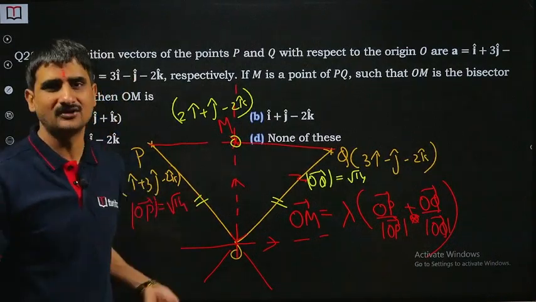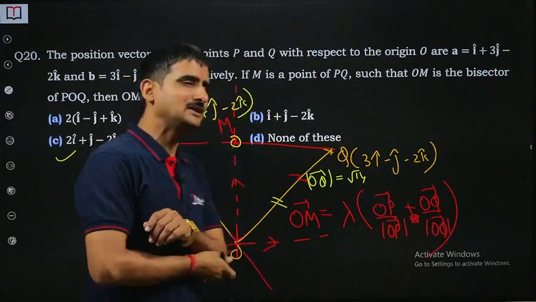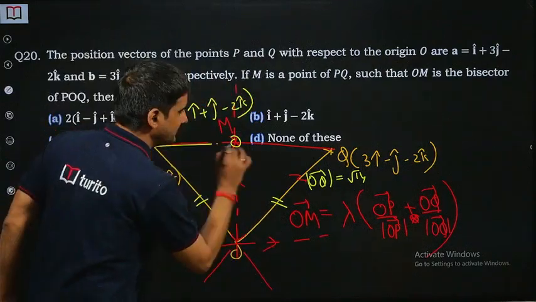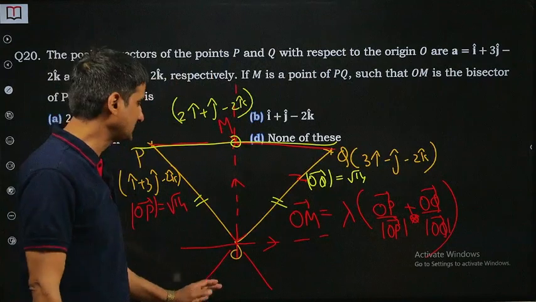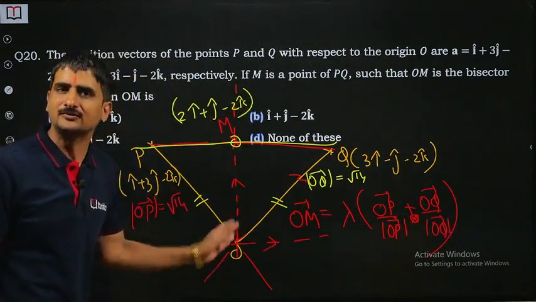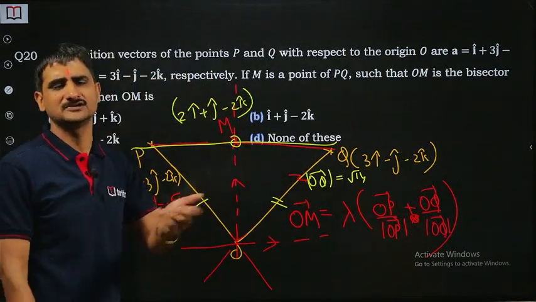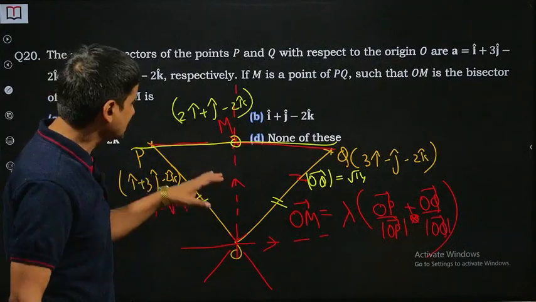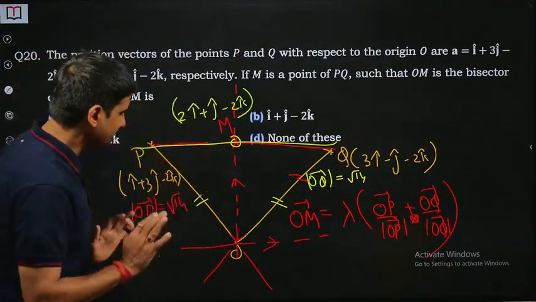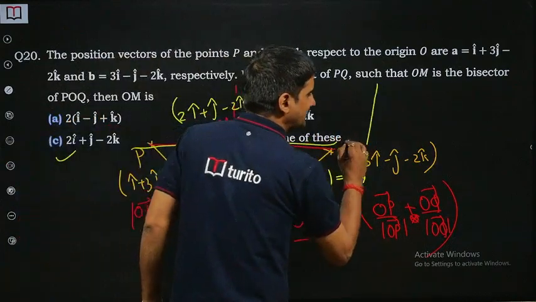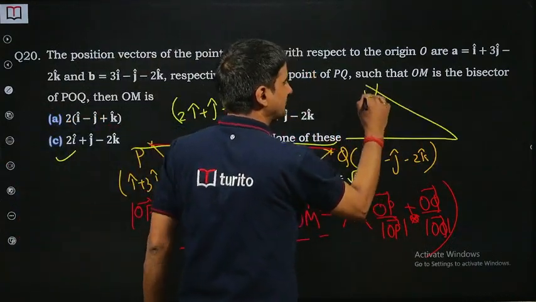Otherwise, if that's not the case, I would have written the equation of the line joining PQ and the equation of OM passing through O in the direction of OM, and the point of intersection would give us the ratio. One more thing: there's a property for the angle bisector. This is POQ.